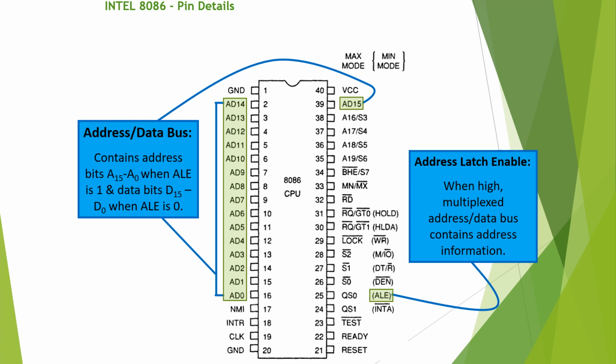This address latch enable pin is an output signal. It indicates the availability of a valid address on the address or data lines, and it is connected to the latch enable input of the latches of the 8086. This signal is active high and it is never tri-stated.